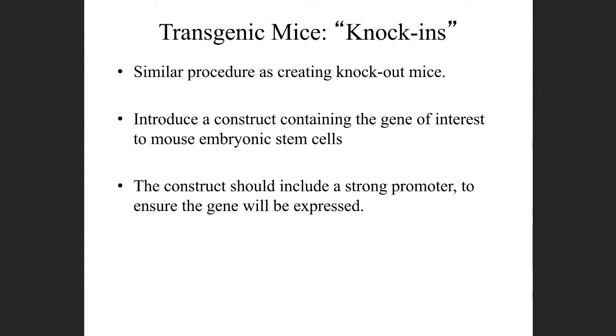So in other words, instead of knocking out the gene and looking for a loss of function, you can create a transgenic mouse with a strong promoter to increase the expression of a gene as well.